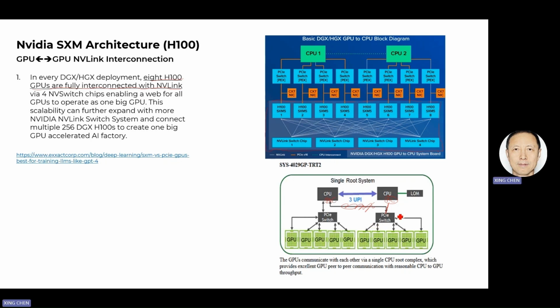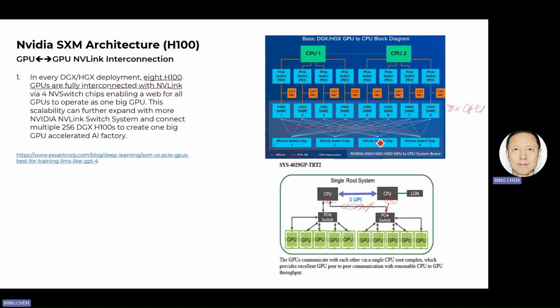Very clearly, the difference is that with this new system architecture, you have not only 8 GPUs, but the 8 GPUs are interconnected with each other by the NVLink switch and the cables. Now, this is the 8 GPU module, and then you have the NVLink switch.